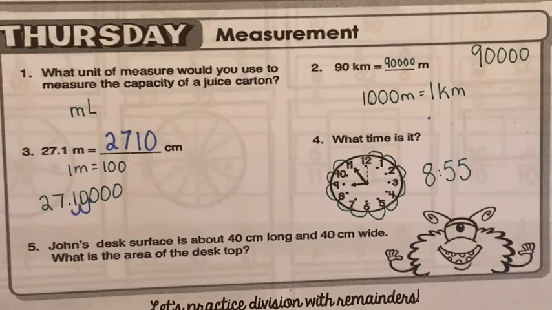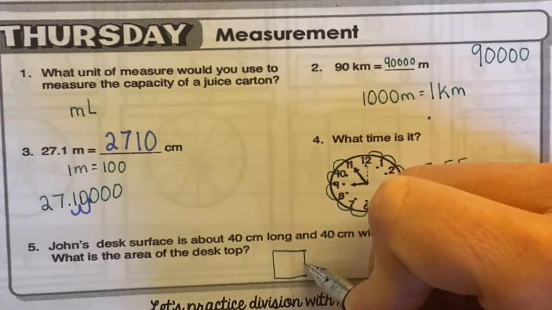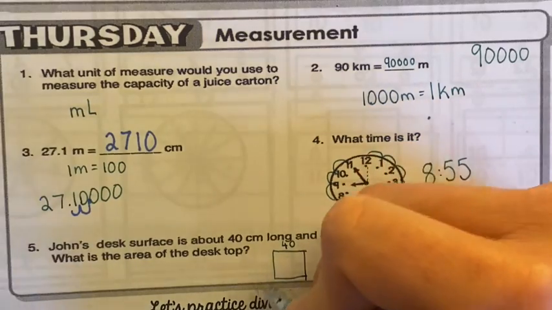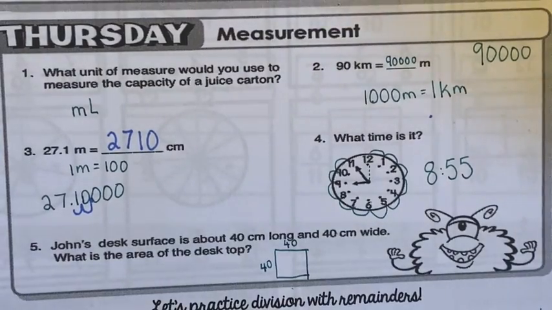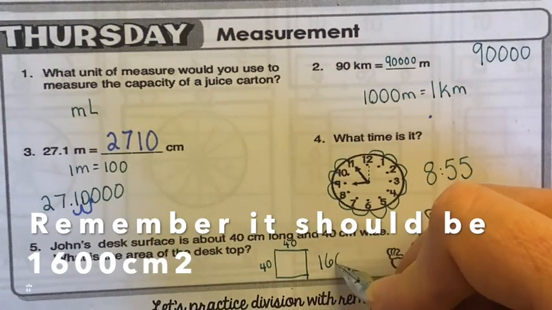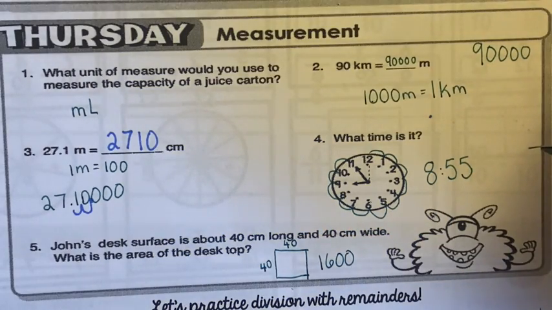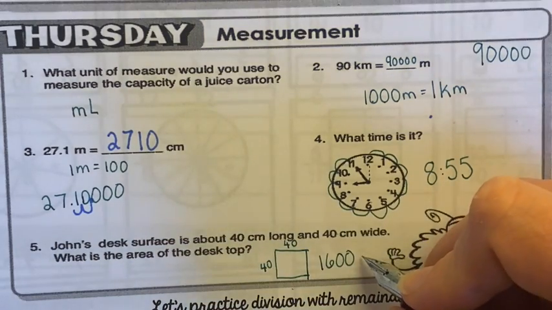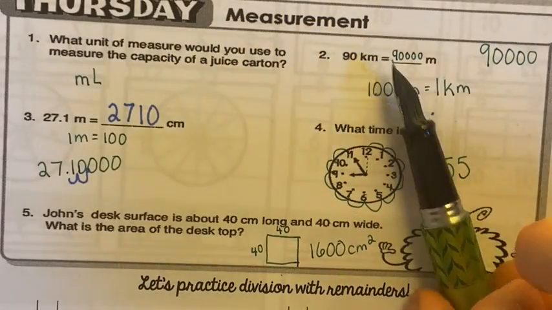8:55. John's desk surface is about 40 centimeters long and 40 centimeters wide. What is the area of the desktop? Remember when we do area, it's length times width. So it's about 40 times 40. To do 40 times 40, do 4 times 4, which is 16, and then you just add 2 zeros. 40 times 40, cm squared, which of course means centimeters squared.